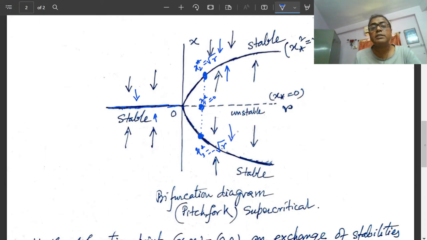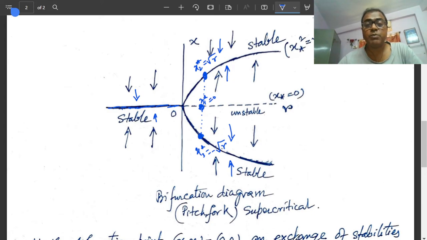So this is an attractor, so put here an arrow towards this branch. So one branch changes to three branches, two of them stable and one unstable.